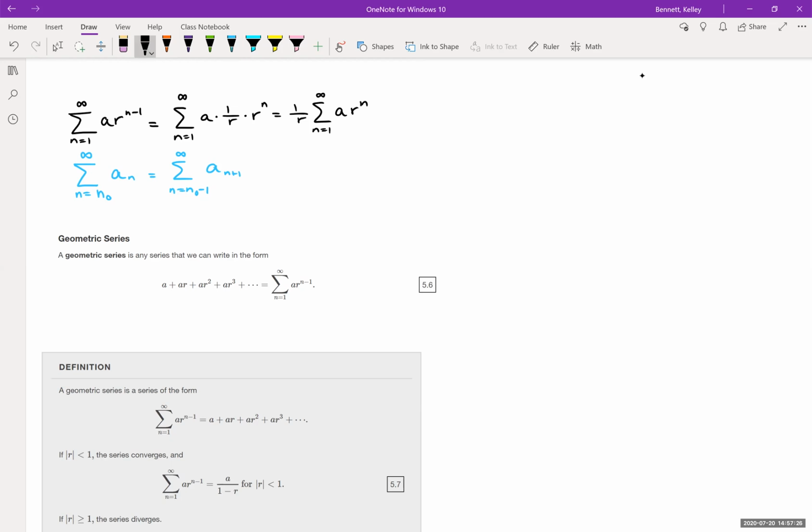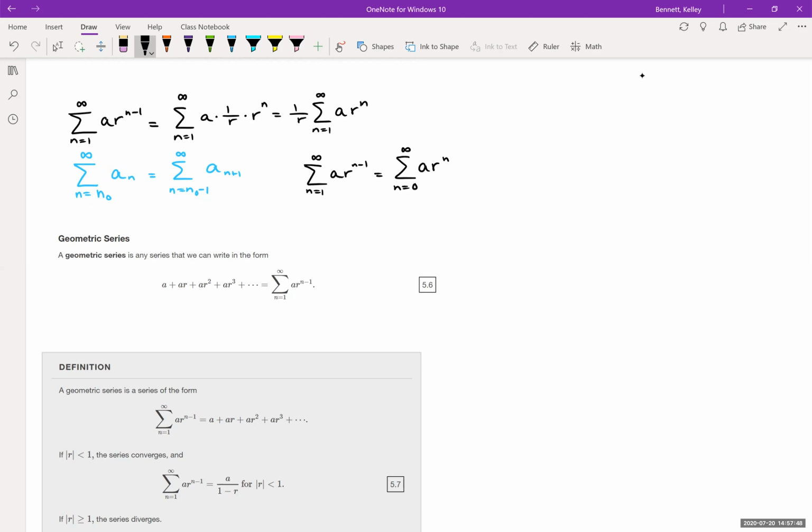So for me, I use that to say, if I drop n by 1, that means I'll be at 0. But because I moved it down by 1, I have to add 1 back to the inside.